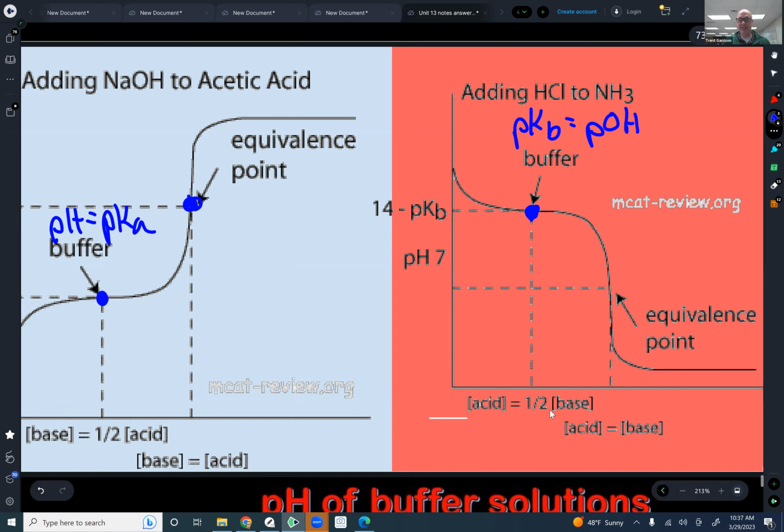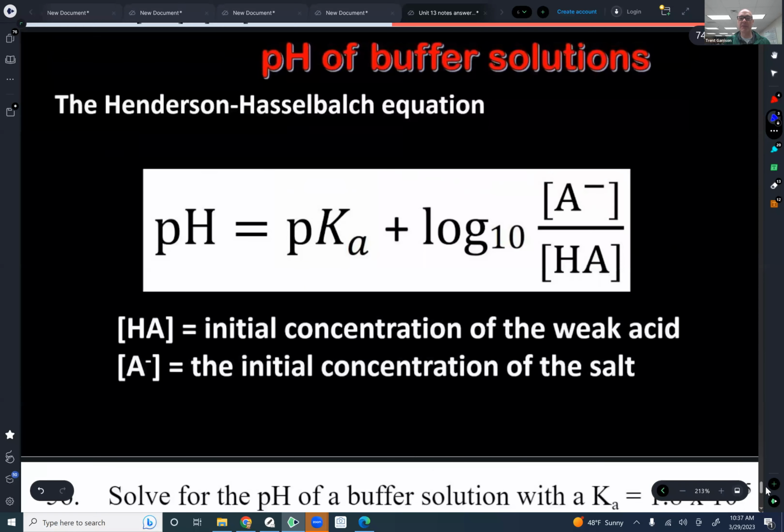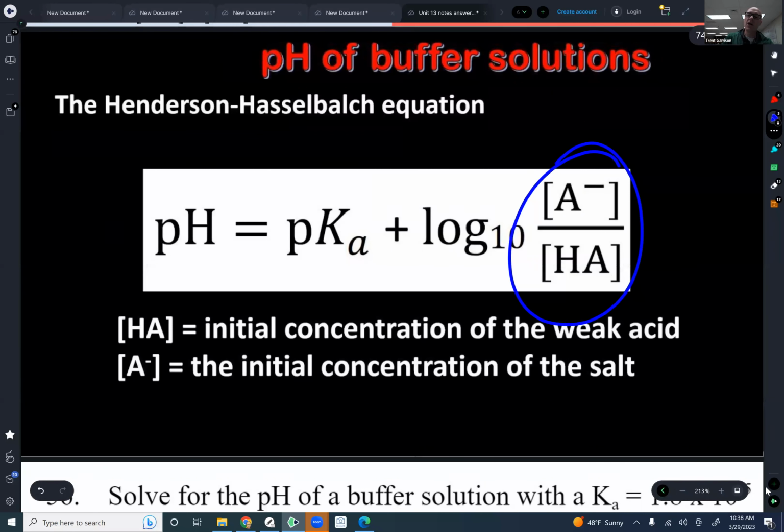All right, moving on. How do we deal with it mathematically? We have already seen this equation, the Henderson-Hasselbalch equation. The hardest part for you will be to identify what is the base and what is the acid. So we're looking for that change where the H is no longer present; that base goes on top.